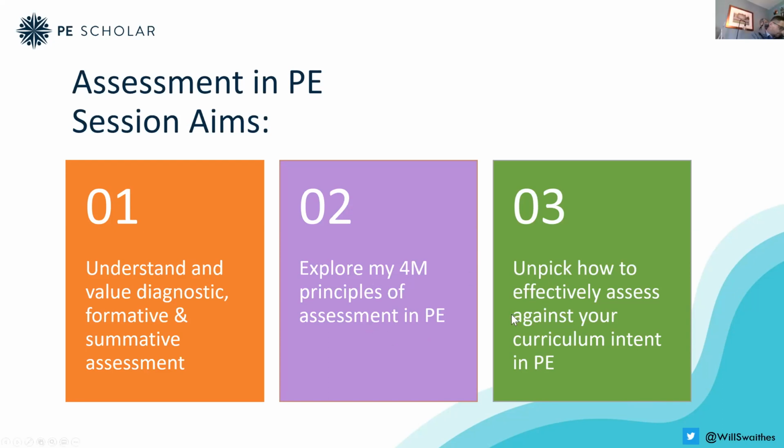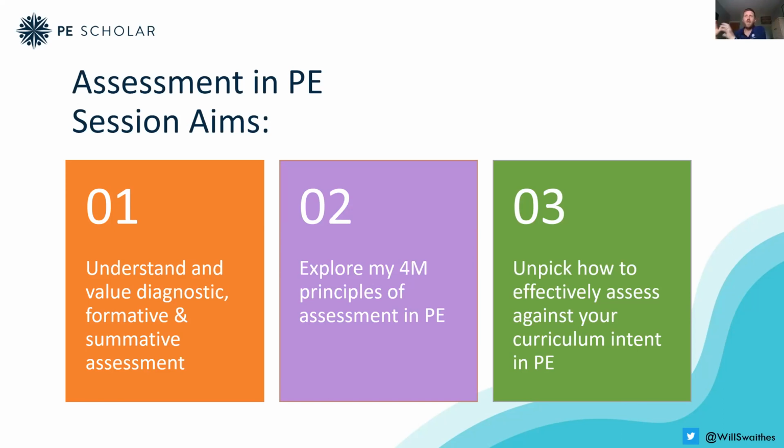And then I guess what I'm hoping is to help you unpick how you could assess more effectively against your curriculum intent. So the big problem I see in lots of schools is, and interesting to have tuned in just as Ryan was talking about the Ofsted research, this desire to enrich lives through PE and sport, to unlock potential, to get everyone healthy, happy, etc. Lots of schools have worked really hard on coming up with quite a holistic intent statement that's about all children and not just about sport.